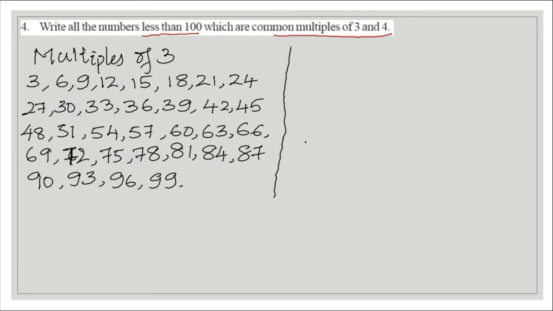In the same way, let me find out the multiples of 4 which are less than 100.